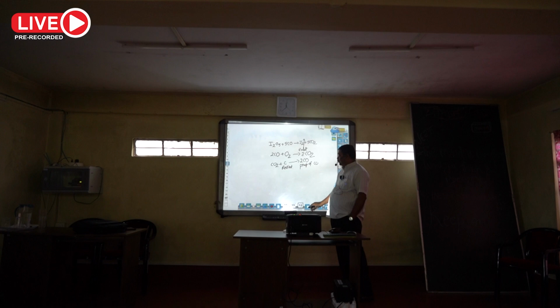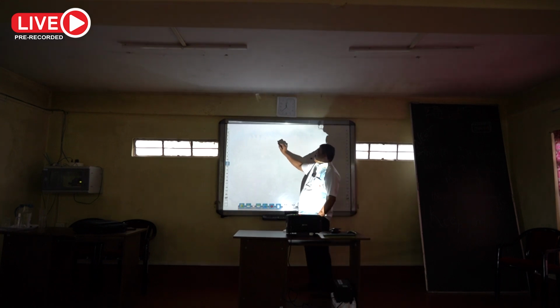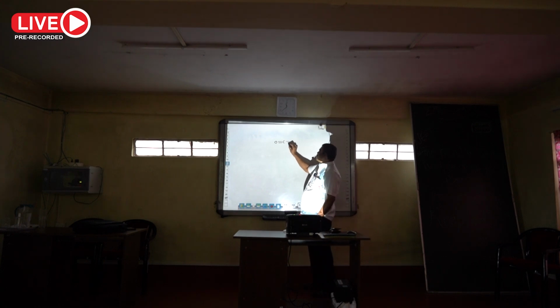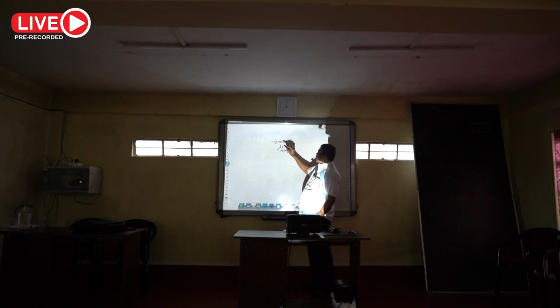Regarding CO2, CO2 has a linear structure. Its dipole moment is 0, non-polar. You can write a resonating structure like this.